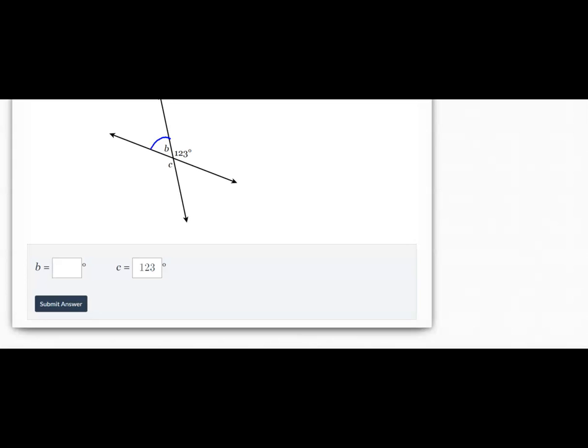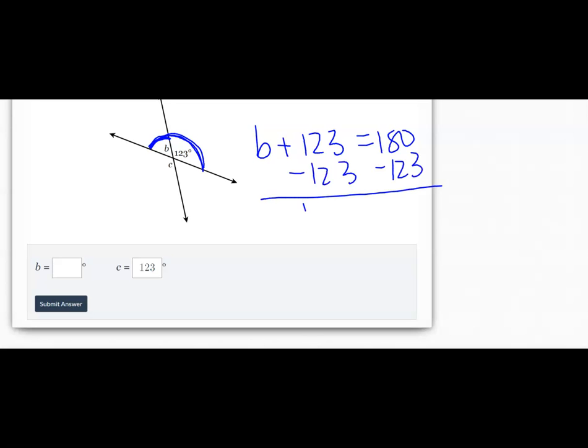But angle B, which is acute and adjacent, makes a supplementary angle. So B plus 123 equals 180 degrees. Use your inverse operations and your calculator to assist. Type your answer here in this box.